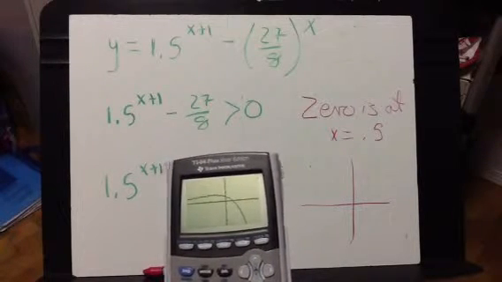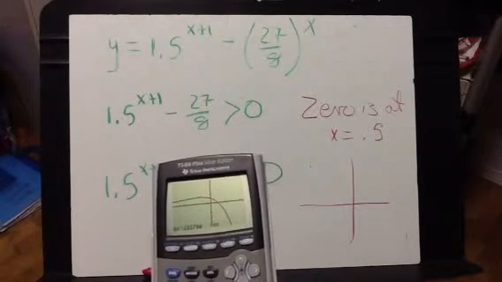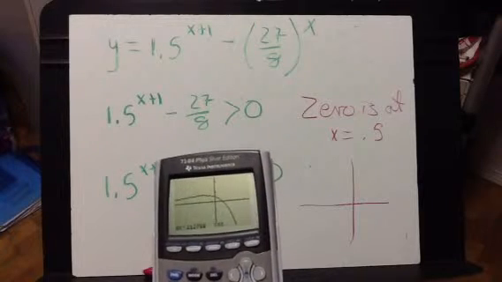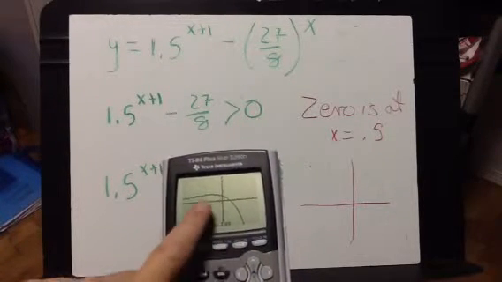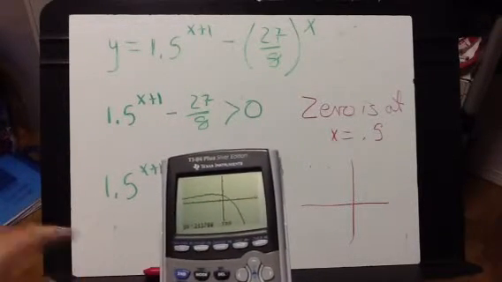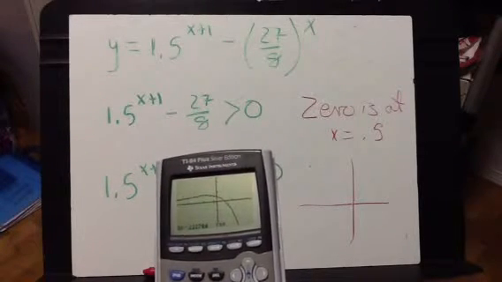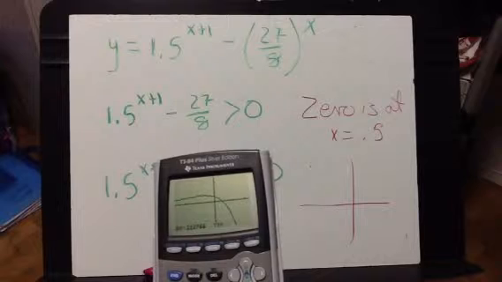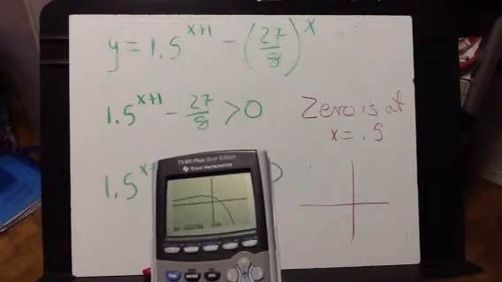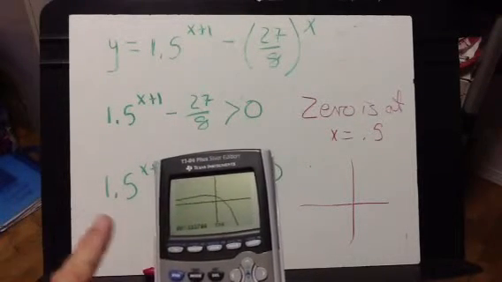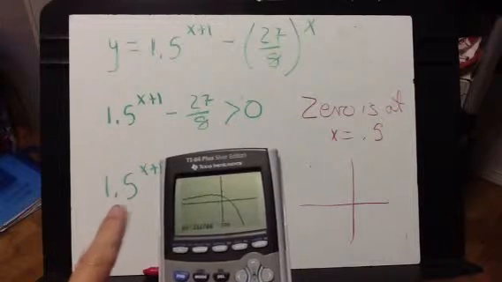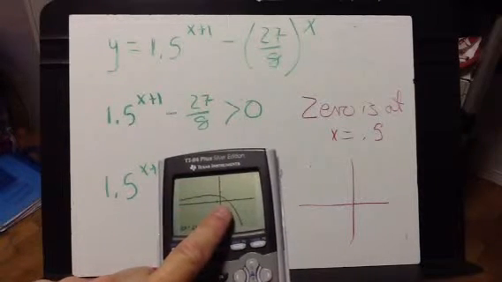I can use that picture to answer the question: where is the curve above the x-axis? Over to the left, it becomes really close to the x-axis, so the x-axis is probably an asymptote. That means you can go out there forever. So the interval would be from negative infinity all the way to 0.5.